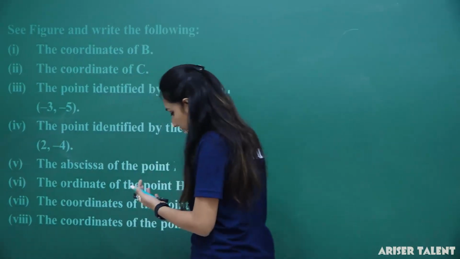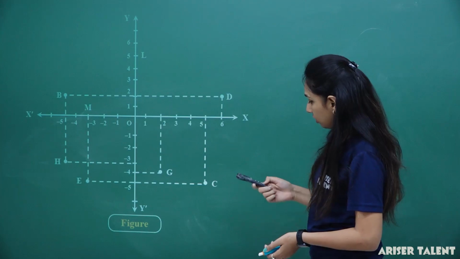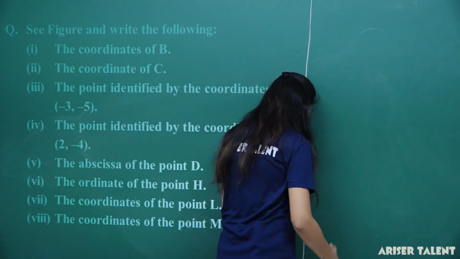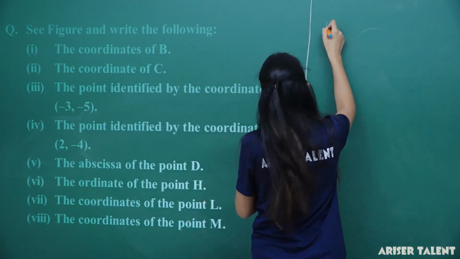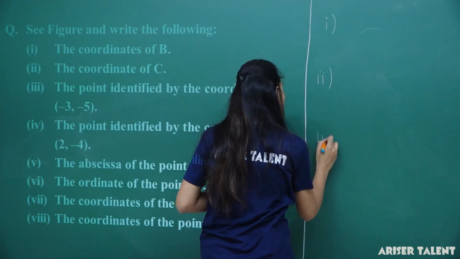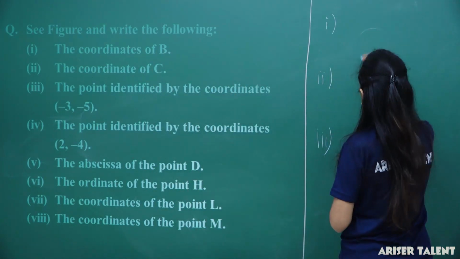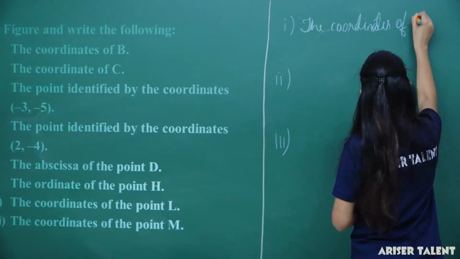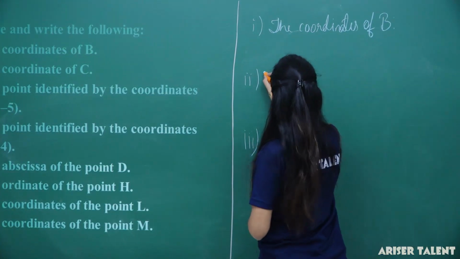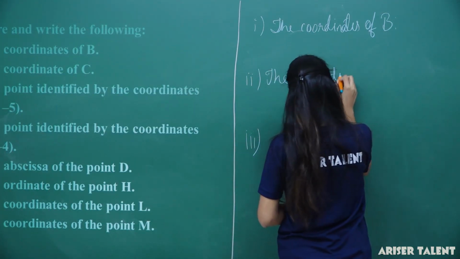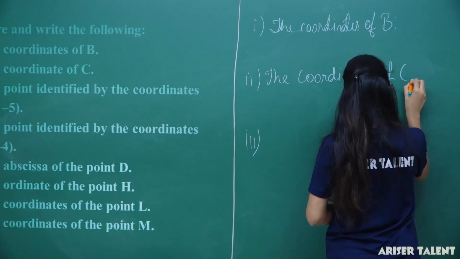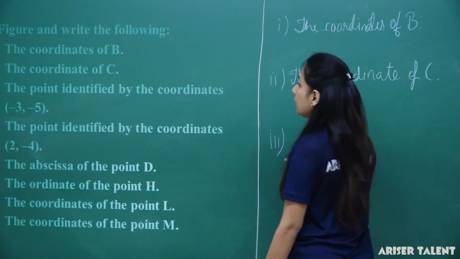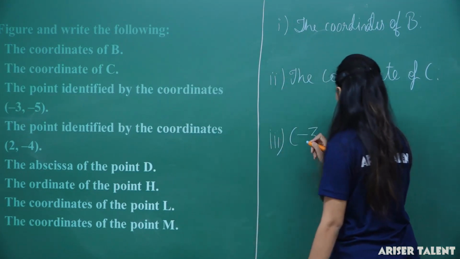We are given the figure and we have some parts to solve, one by one. First, the coordinates of B. The second is the coordinates of C. Now you know how to find the coordinates of a given point and how to plot a point from given coordinates. Then the point identified by the coordinates -3, -5.